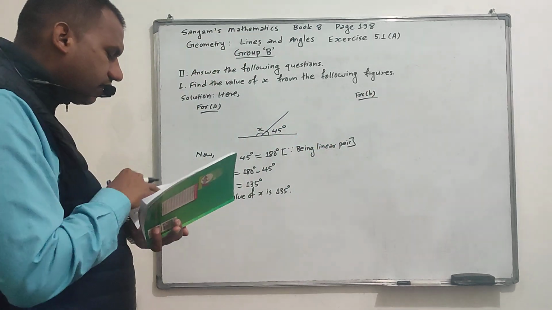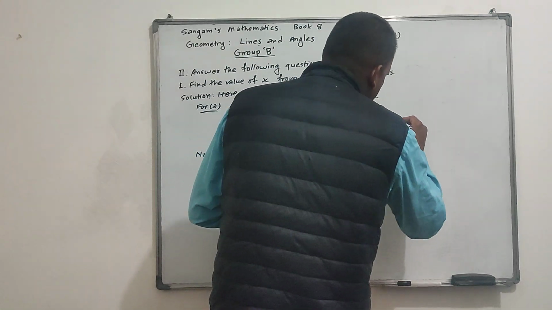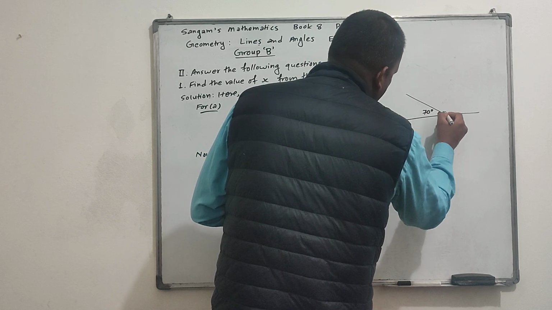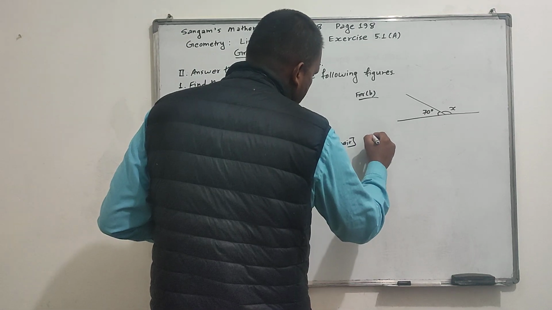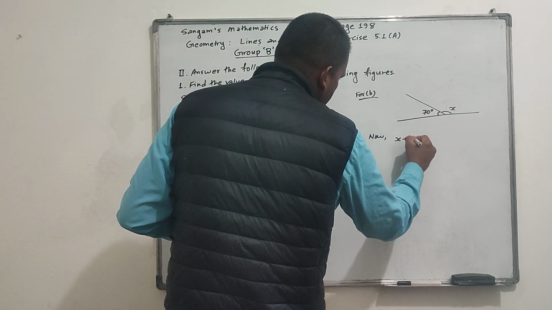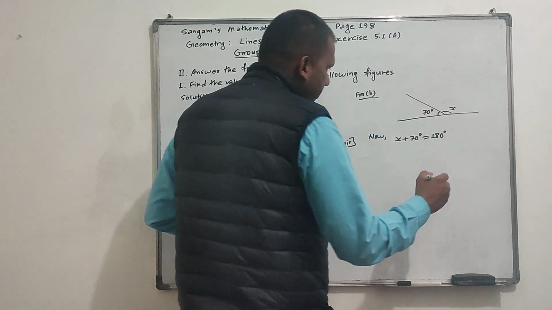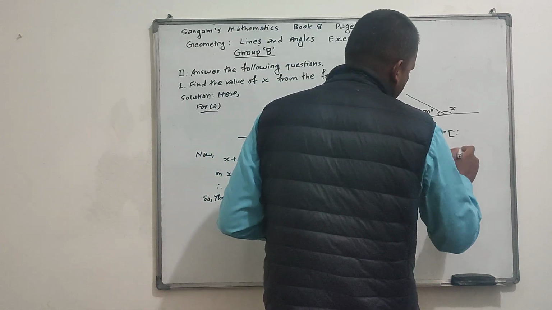Now for B, on B we have the figure 70 degrees and x degrees on the line. This is 70 degrees and another angle is x. Now we can write x plus 70 degrees equal to 180 degrees. We can write being linear pair or being supplementary angles.